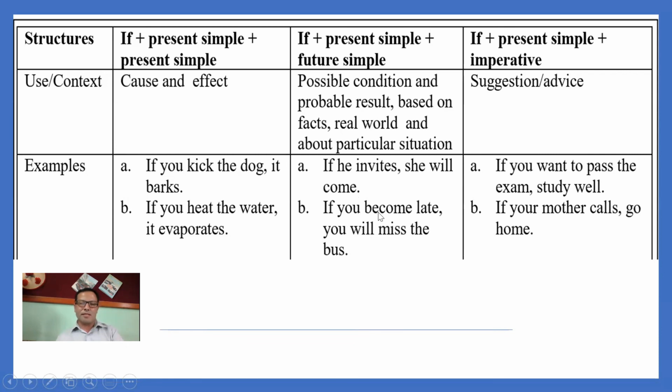Here the if clause is in present simple, whereas the next one is in future simple. And the last one is, if you want to pass the exam, study well. If your mother calls, go home. So this is a kind of suggestion, let's say advice, where an imperative sentence is used.